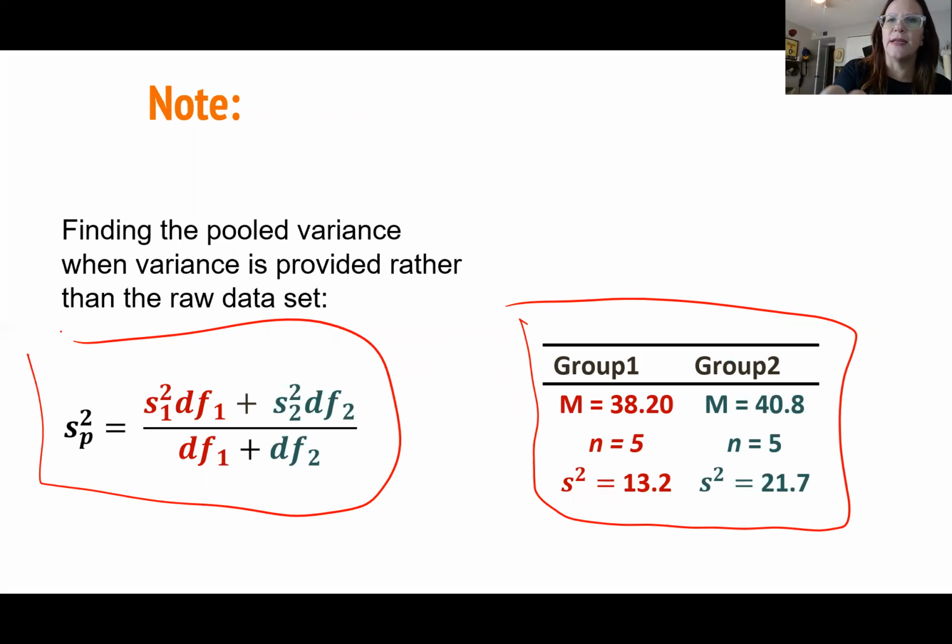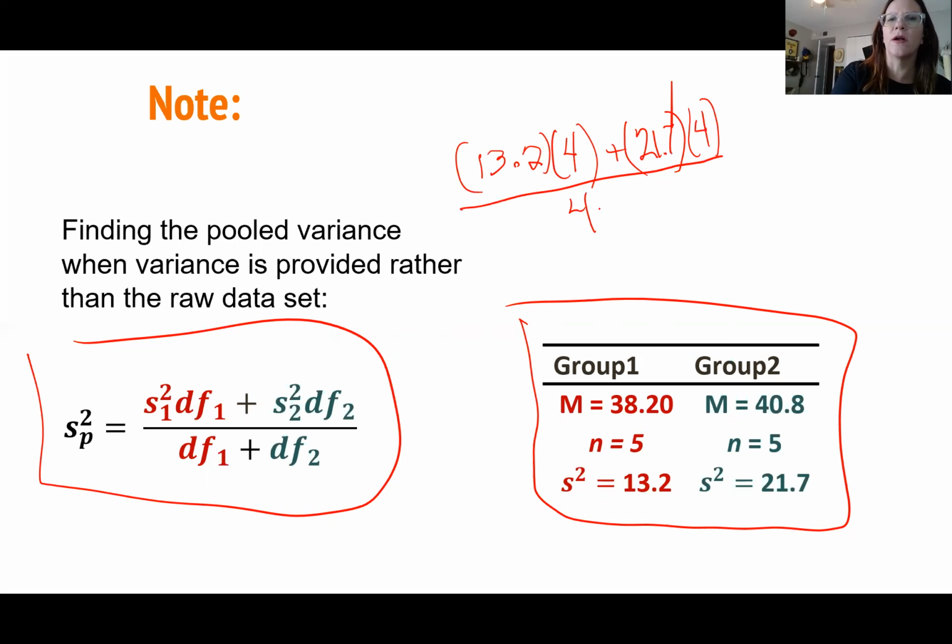So ultimately, your equation would be 13.2 times 4 plus 21.77 times 4, divided by 4 plus 4. That would be ultimately your equation. And you would get the same thing as if you calculated from raw scores. It just makes your life easier.